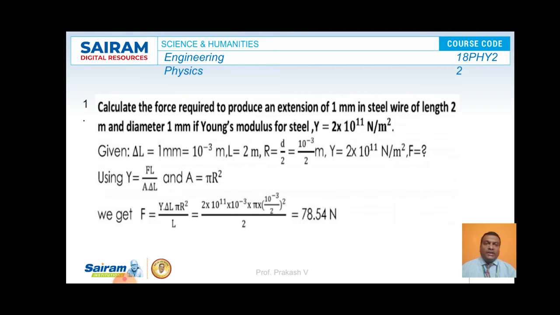Then we get the formula for Young's modulus as FL by A delta L, where A is the area of cross section of the wire. So F is Y delta L pi r square by L. Then on simplification, the value of F becomes 78.54 Newton.